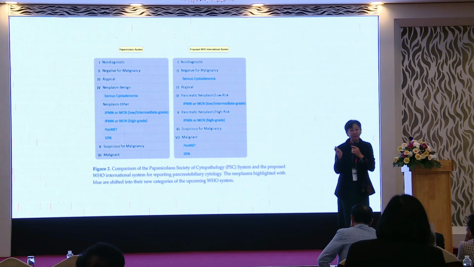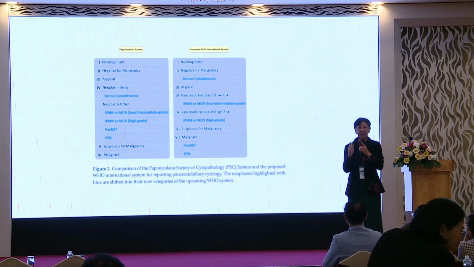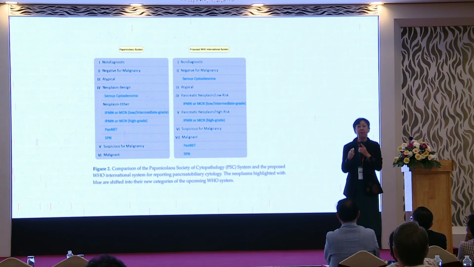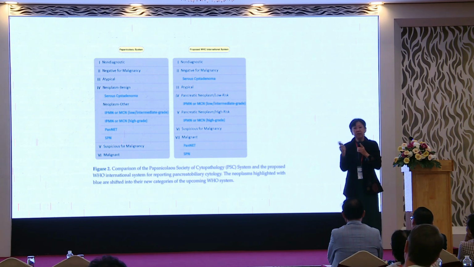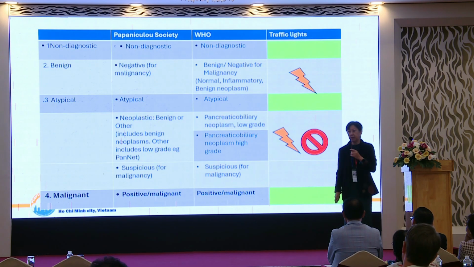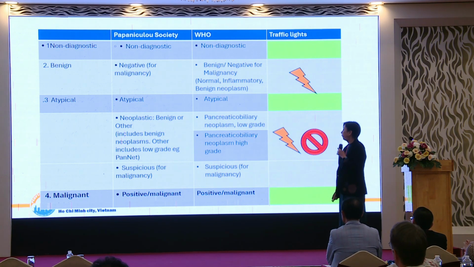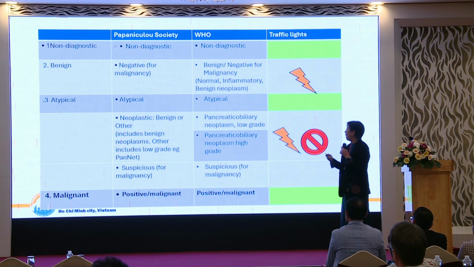So if you, like me, were doing cytology audits in your laboratories and you're looking at correlating, if you're adopting different systems, you will see a difference in the audit. So just to be conscious of it. So this is what I use, and I would say that there are traffic lights which are red.